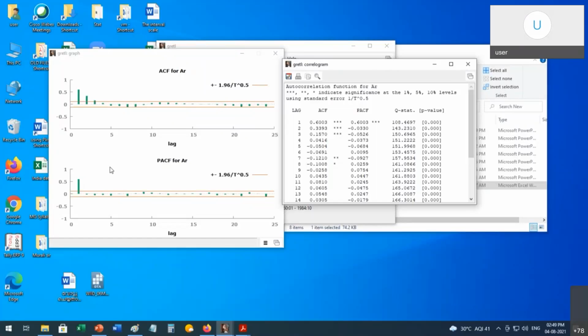And if not, then we have to see whether the ACF is fast decaying or not. If we have significant spikes, we have to see whether the significant spikes are fast decaying or not. If they are fast decaying, then we have a stationary variable.